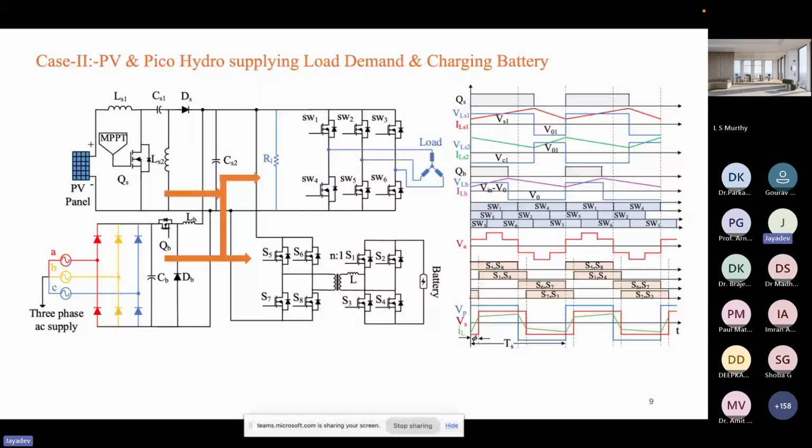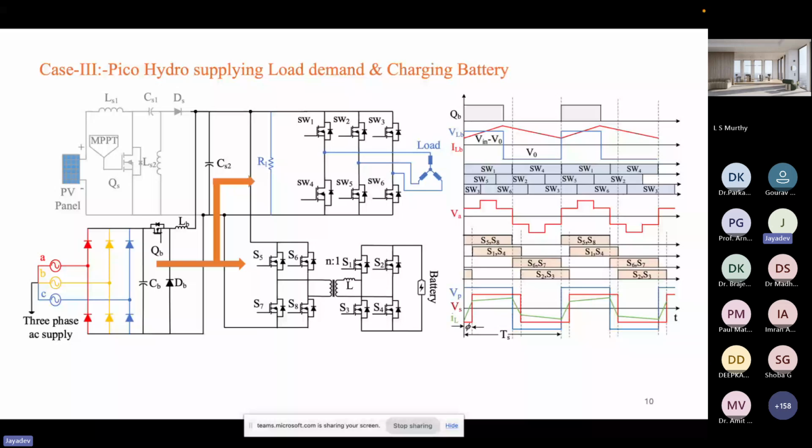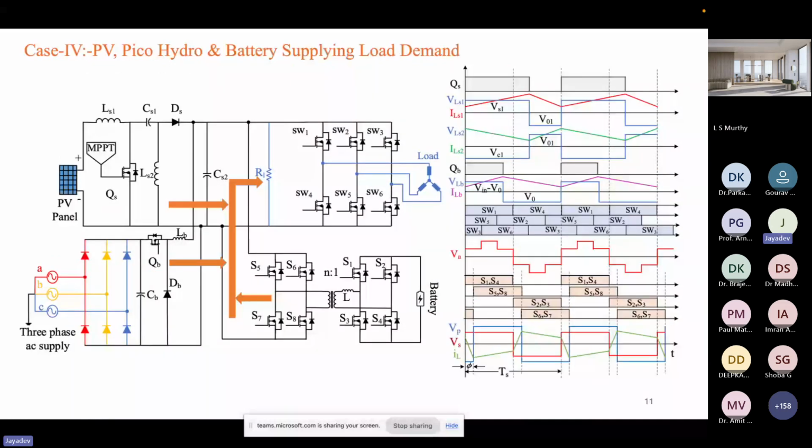Coming to case scenario 3, in this case the PV is not available, but the Pico hydro is connected. This will be sufficient to supply the load and charge the battery. In case 4, when all the sources are not sufficient to supply the load, the battery can support to meet the demand.